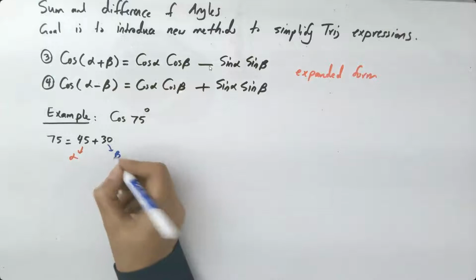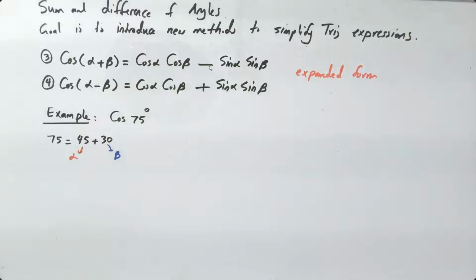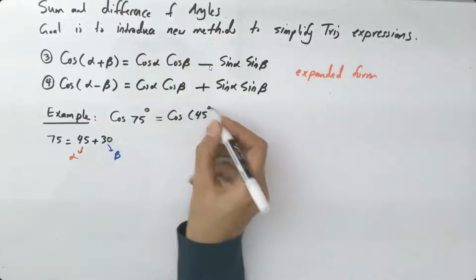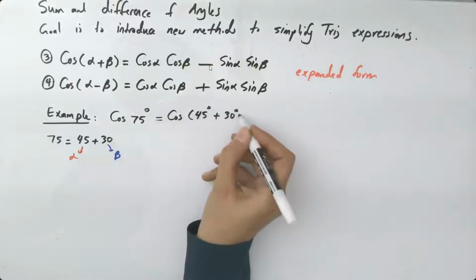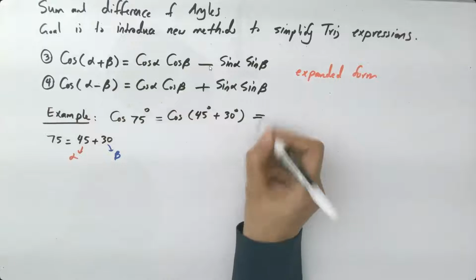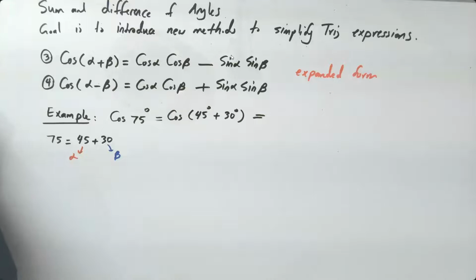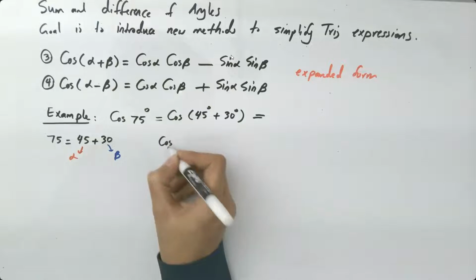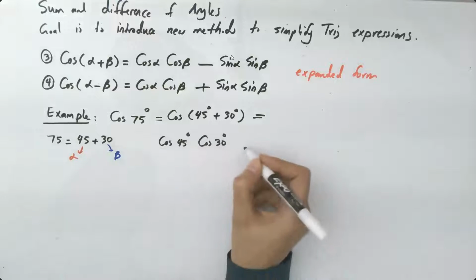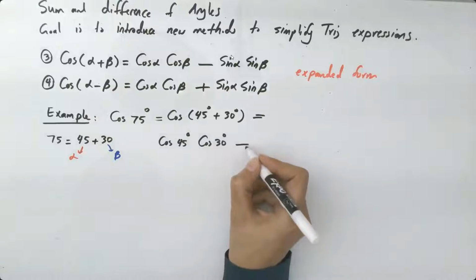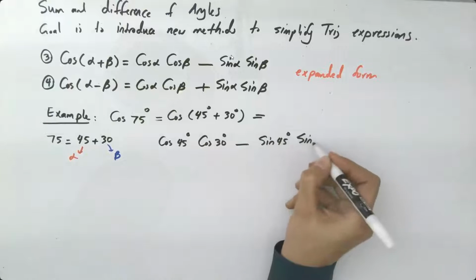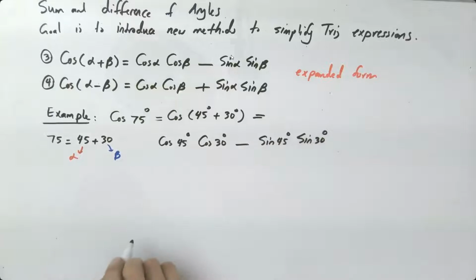So this can be written as cosine of 45 degrees plus 30 degrees. Following the first formula, this is equal to cosine of 45 degrees times cosine of 30 degrees minus, subtraction, sine of 45 degrees times sine of 30 degrees.